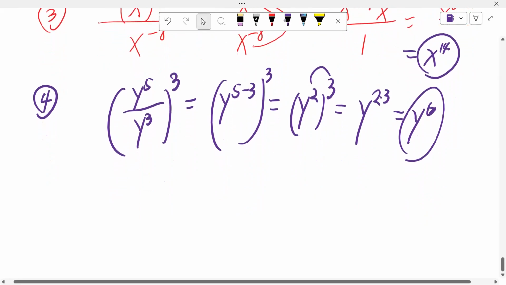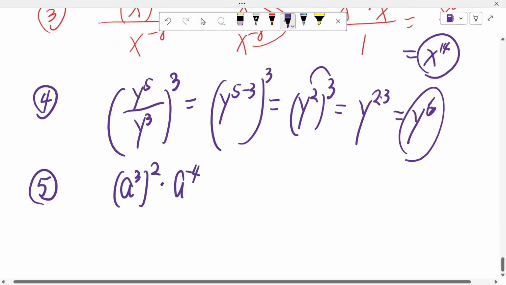Okay, any question about this? Next one, a to the 3rd squared times a to the -4 over a to the -4 to the 3rd power. We're going to multiply exponents here.